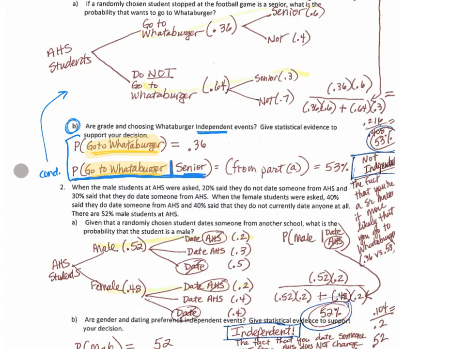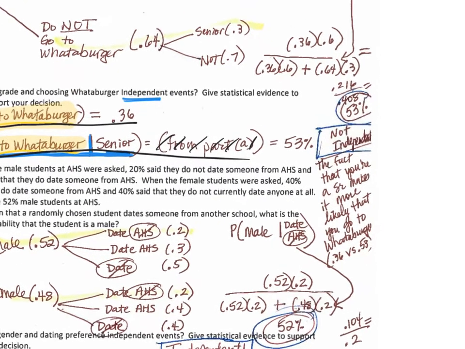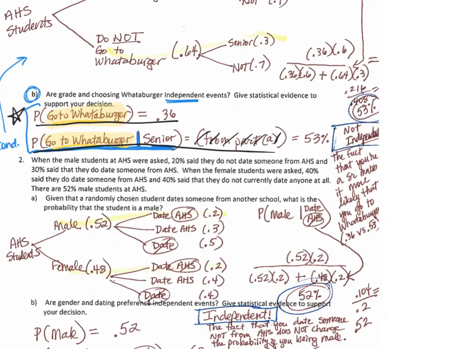So I actually want to see you write out this notation here and this notation here. You don't have to tell me it's from part A. I can see the work. All right, and then this one said they are not independent. The fact that you're a senior increases the probability from 0.36 to 0.53 that you go to Whataburger.